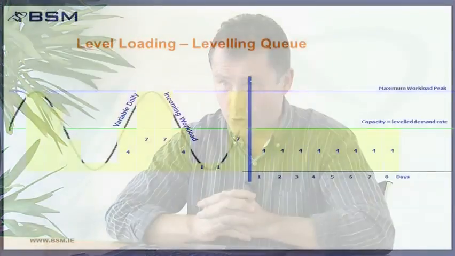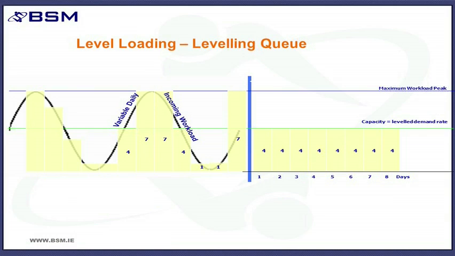Okay, so again, sticking with a similar theme, the slide that's currently on the screen shows you basically what you're trying to do by leveling and queuing. I should explain that one way of leveling is to queue. So items don't necessarily get dealt with in the same pattern as they arrive in.